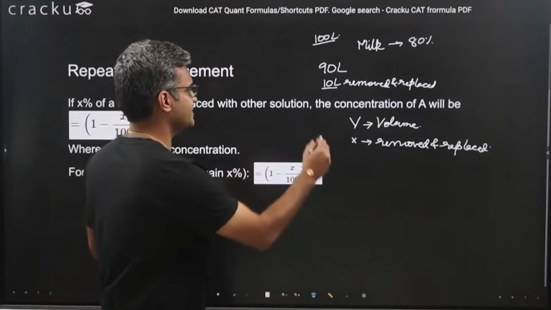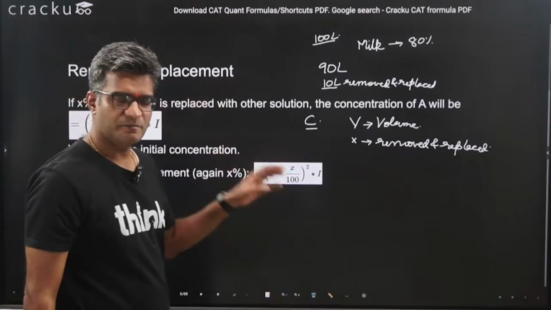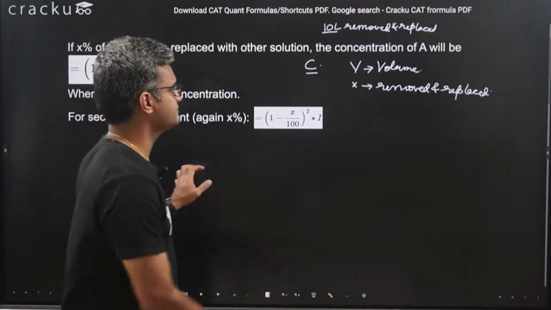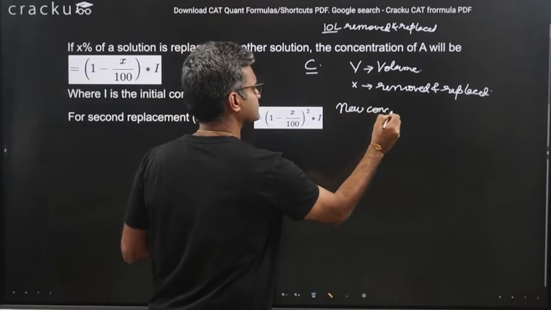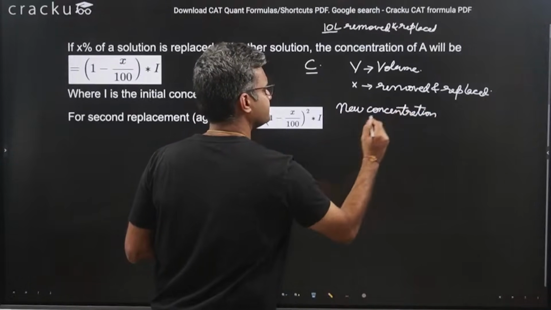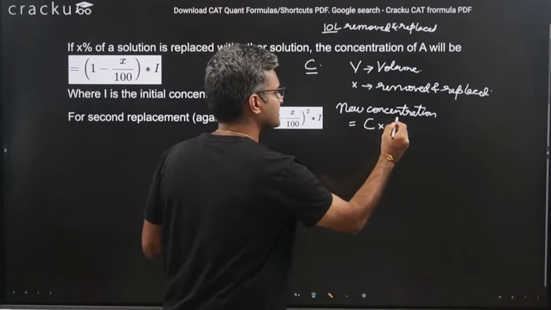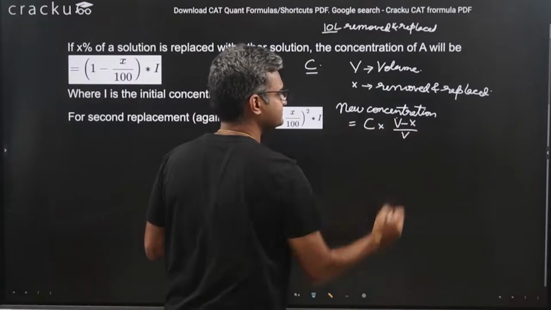The original concentration of milk, let us assume, is C. Now, when this process happens one time, the new concentration will be equal to C into V minus X divided by V.